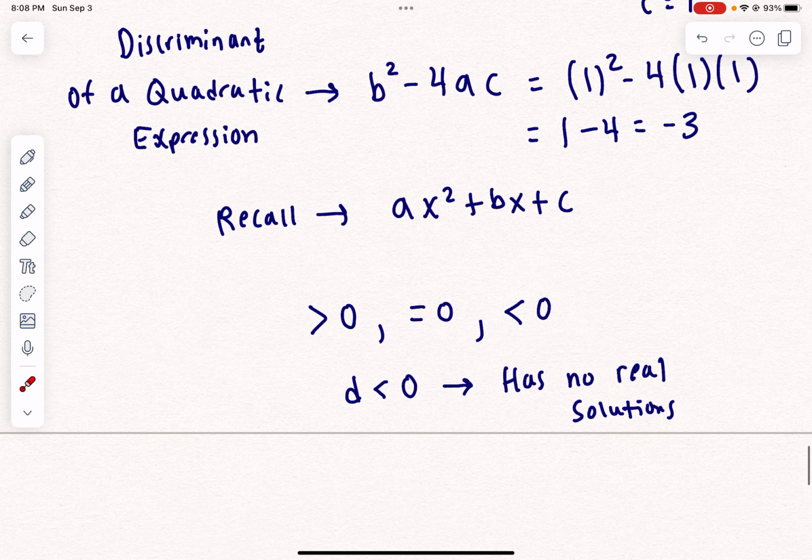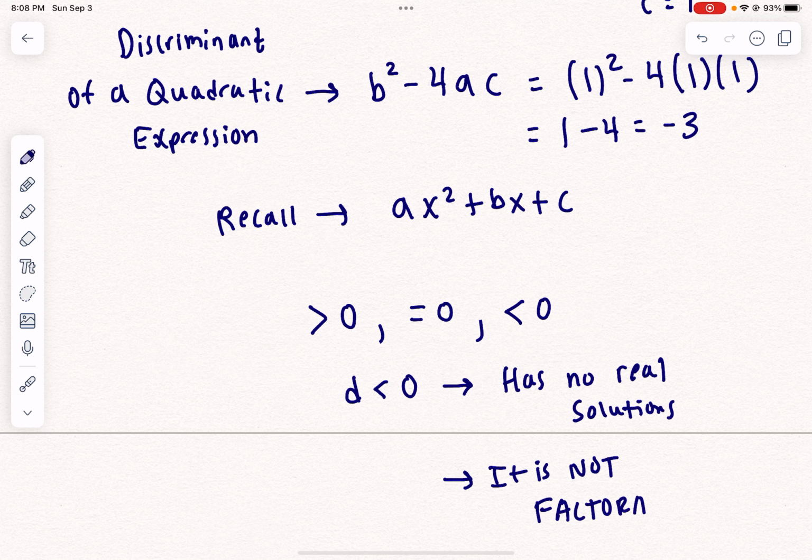Because it has no real solutions, it is not factorable.